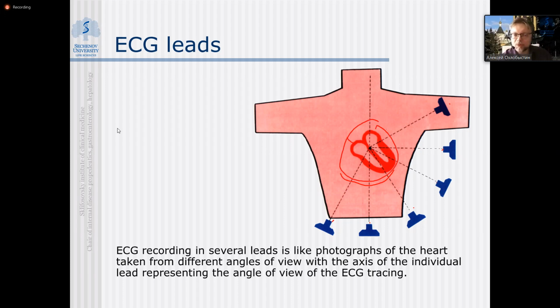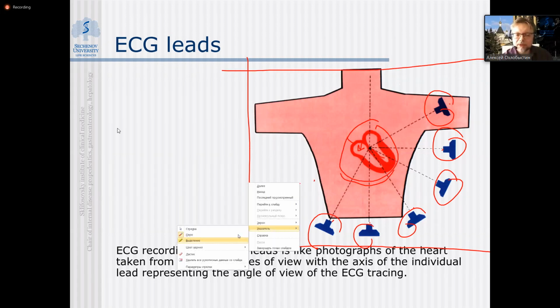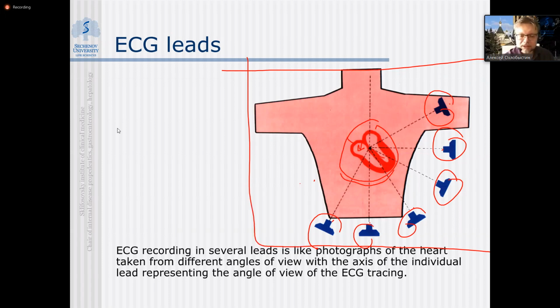Again, we don't know the shape of that three-dimensional object. We don't know in which direction the atria are activated and how the ventricles are activated. But receiving 6 projections, we can remodel that at least in one frontal plane. And a similar approach can be done using the chest leads in the horizontal plane.